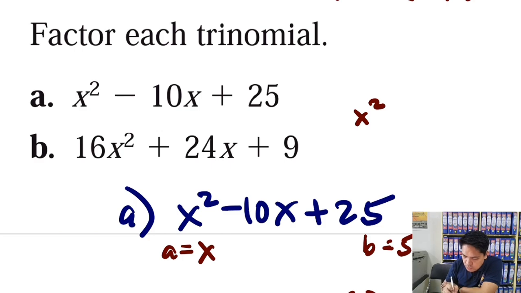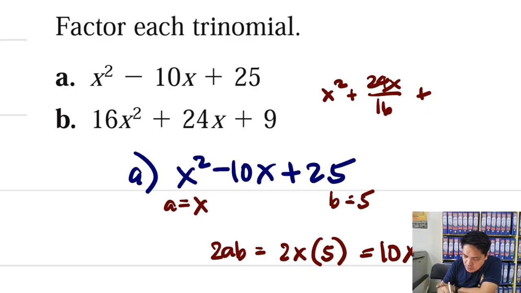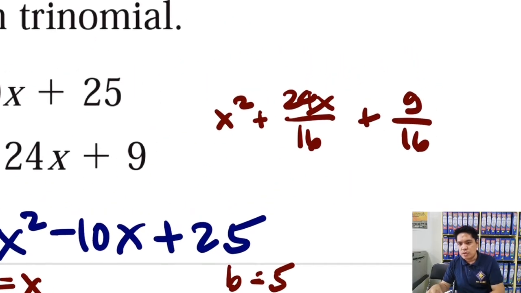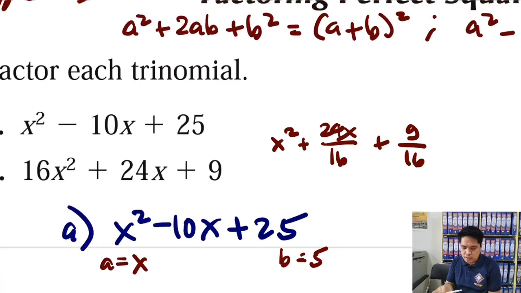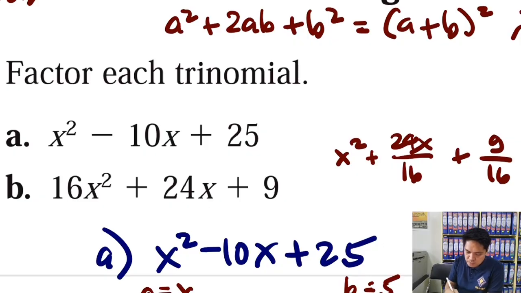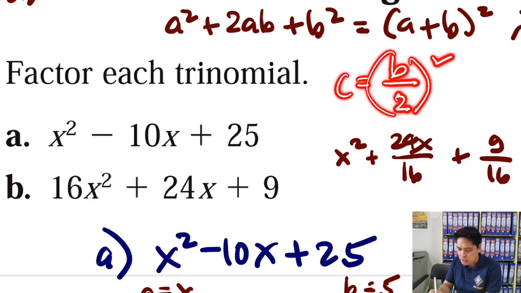And 24x divided by 16, that would be 24x over 16. And 9 divided by 16, that would be 9 over 16. Okay, now, the leading coefficient is now 1, so we could apply yung ginawa natin dito. The half of this squared. So, c should be half of the middle coefficient and square.